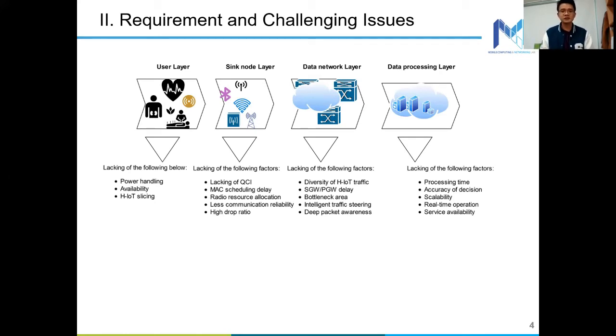In the signal node layer, the communication between the user layer and the signal layer involves checking the quality of service class identifier in order to differentiate the specific health information, and communication delay between the scheduling radio network and the optical network interface will happen.